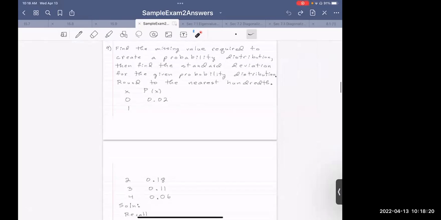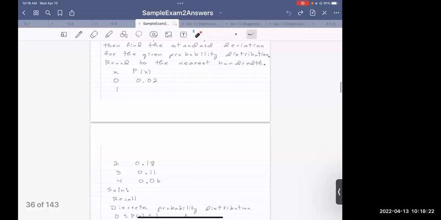So in this case, we have here a distribution that is missing one number. Note that in order for us to have a discrete probability distribution, all the probabilities here must be greater than or equal to 0, and they must add up to 1.